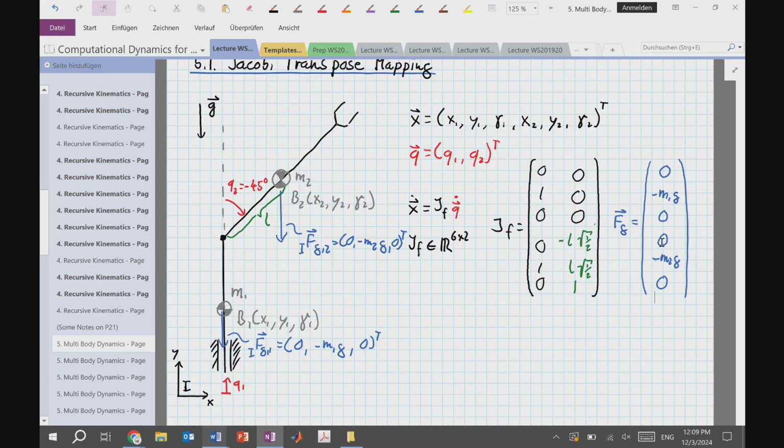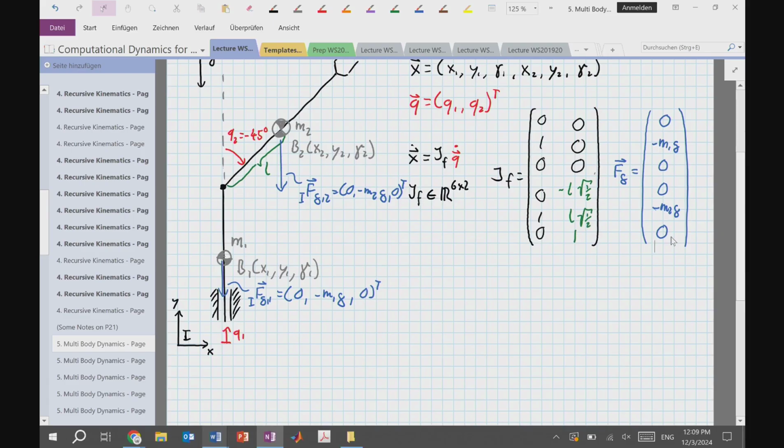And in that case, I would have a fully 6-dimensional vector of external forces. And if we do this in 3 dimensions, this thing would have 12 dimensions, because each of the 2 bodies, body 1 and body 2, would get a 3-dimensional force and a potentially 3-dimensional torque. So a very, very general idea.